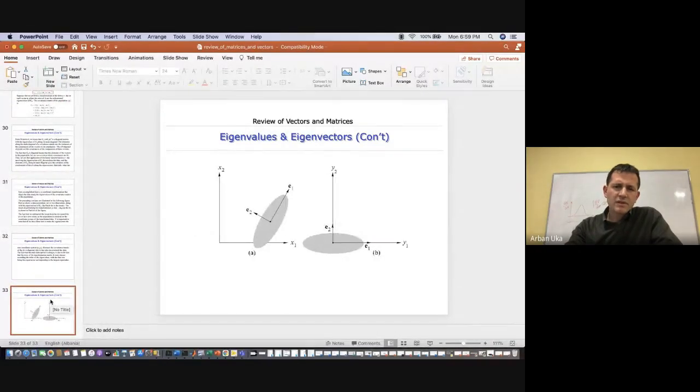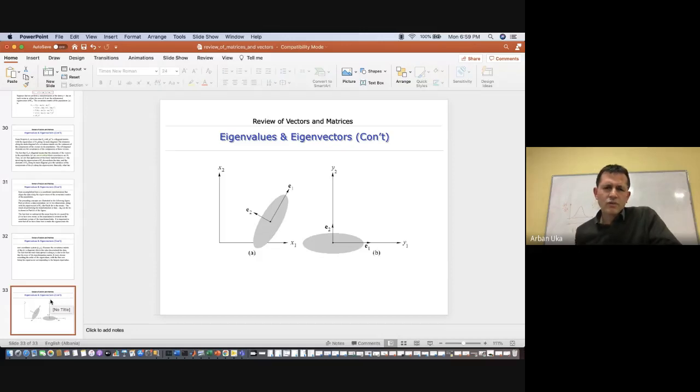Eigenvalues and eigenvectors. Now, the contribution that eigenvalues can give to image analysis is that often the pixel intensity distribution can be distributed in such a way that the major axis of how the intensity values are changing can be determined by using eigenvalues and eigenvectors, because they determine the major axis along a specific distribution.